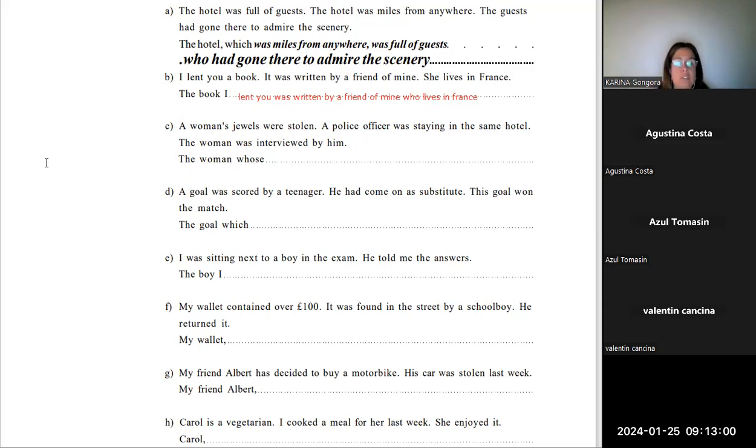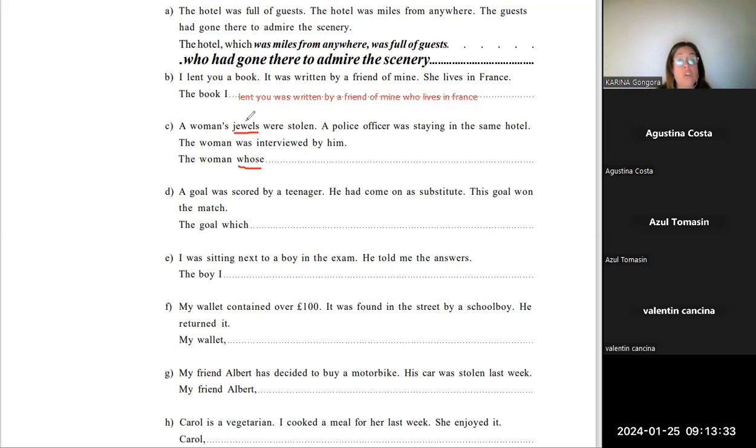I will start writing. So number 1, you wrote, okay. No, I'm waiting for letter C. Okay, because it is really like this. Look at this. I will try to find the link. First of all, you need to use whose with the jewels, of course, right? Then you are going to use the last part of the sentence.